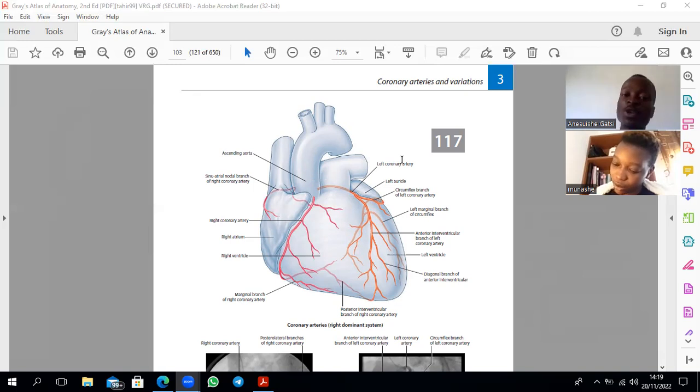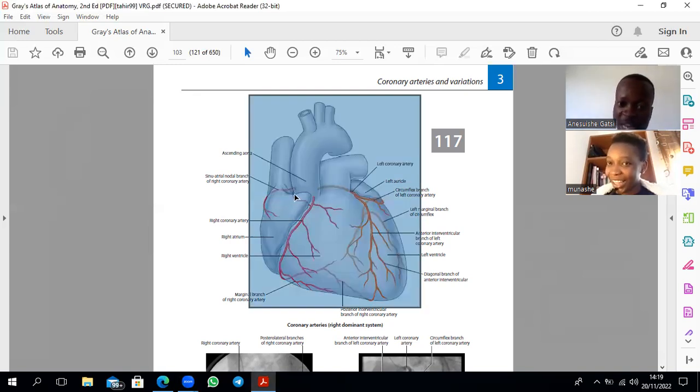Yes. Good. So if you look at the upper part of the atria, there are these ear-looking auricles. Auricle is ear, right? So where you find the coronary arteries, the right coronary artery is between the pulmonary trunk and the right auricle.